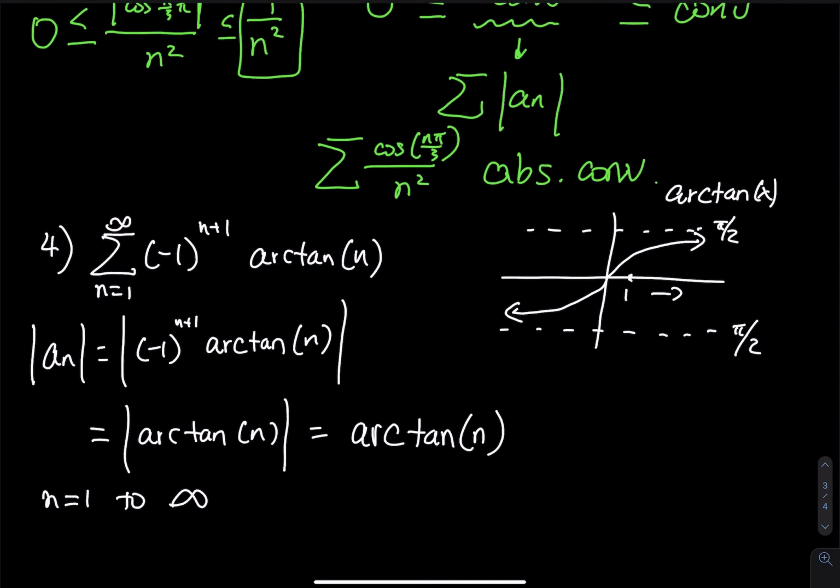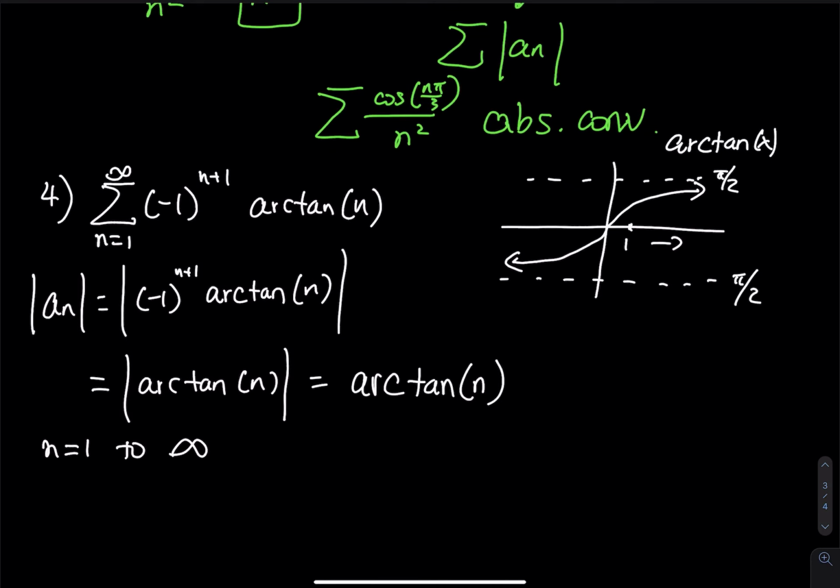Okay, so what happens when n approaches infinity? The limit as n approaches infinity of arctangent of n, what is that equal to? Let's use the highlighter a little bit. We are talking about this piece, right?